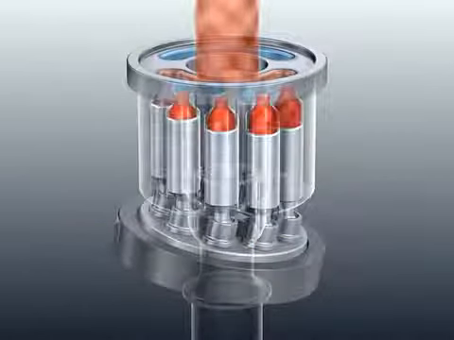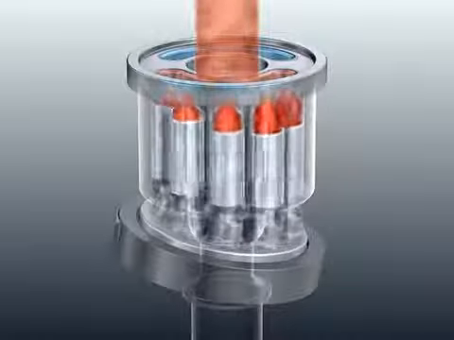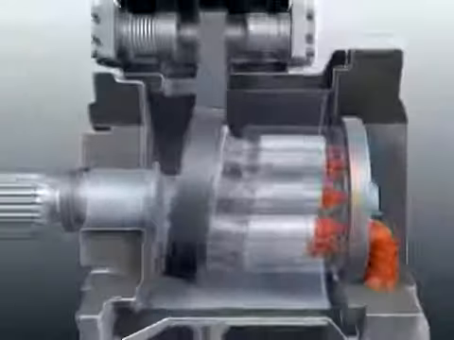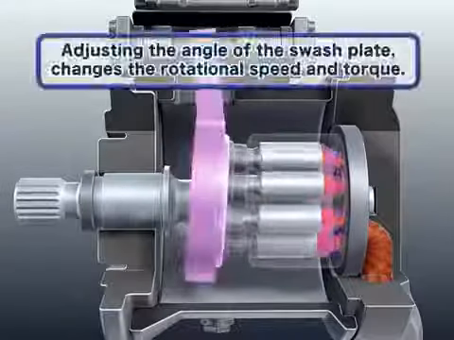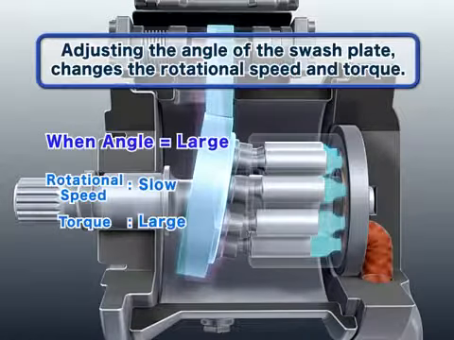When cylinders are placed in a circular pattern around a shaft, a continuous downward lateral force is created. This creates a rotational force. By adjusting the inclination of the swash plate, the rotational speed and torque can be adjusted.